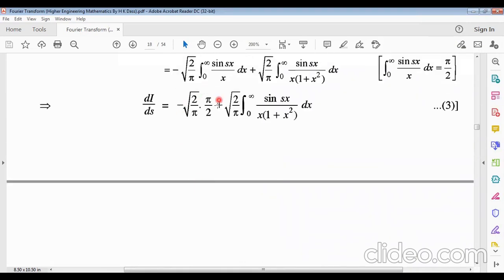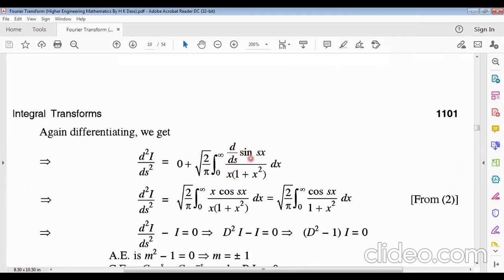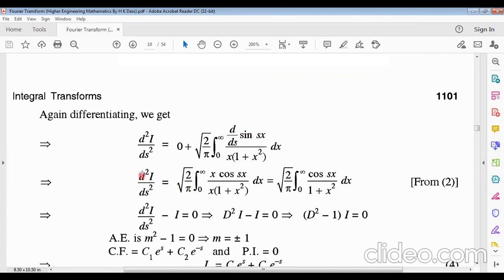The first part is a constant with no function of s, so its differentiation with respect to s will be 0, plus root over 2 by pi, integral 0 to infinity of d by ds of sine sx divided by x into 1 plus x square. The differentiation of sine is cos, but we have to multiply with the coefficient of s, which is x. Here the independent variable is s, remember it, not x.